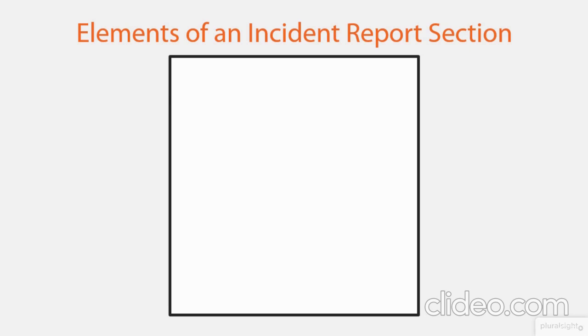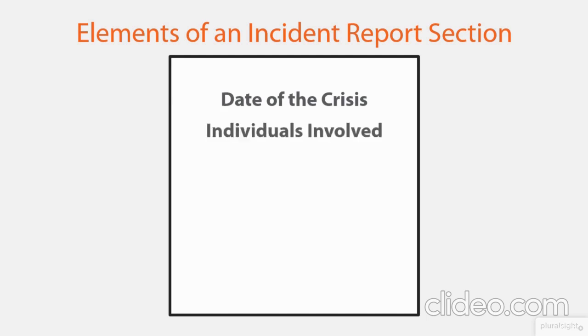This section of the document therefore catalogs as many details about the previous crises as is reasonably possible, including the date that the crisis hit and how long it was prolonged. Any individuals involved should be named and discussed, as should an objective account of what happened.